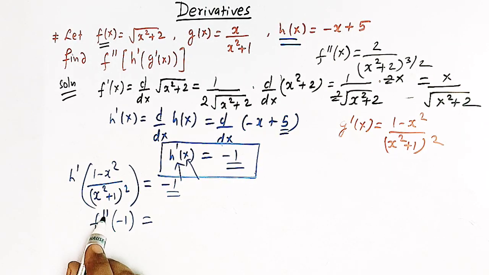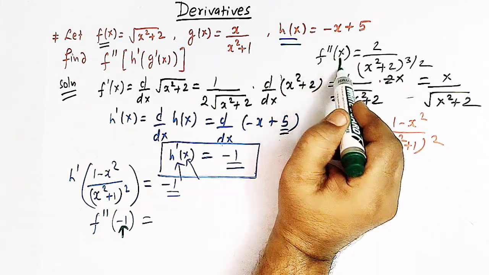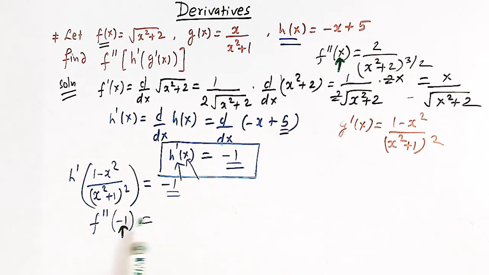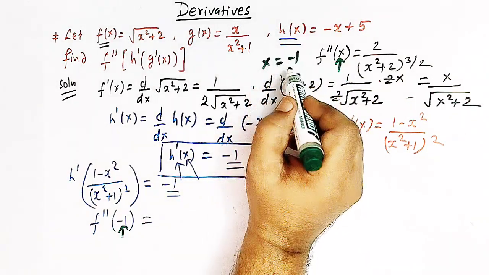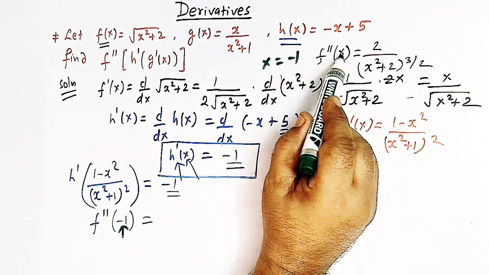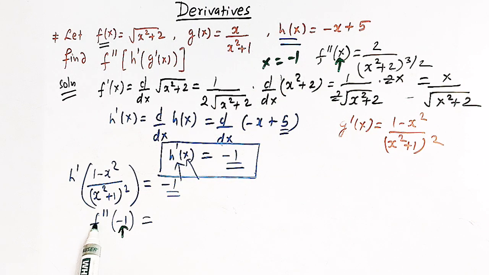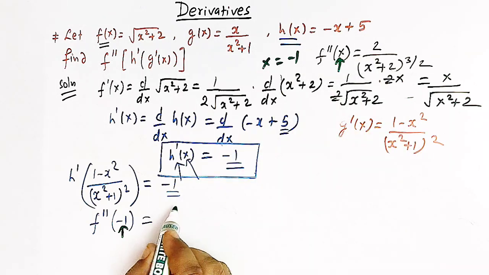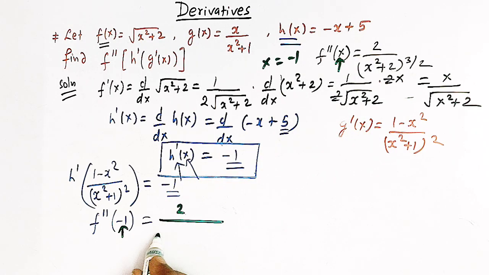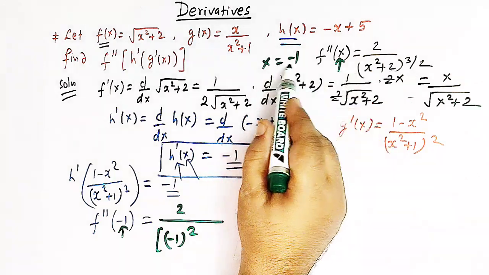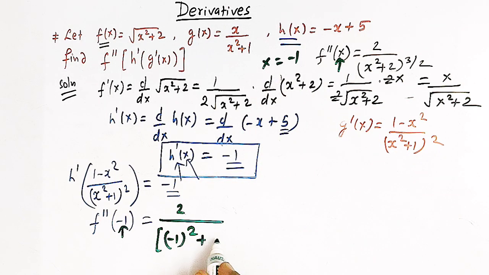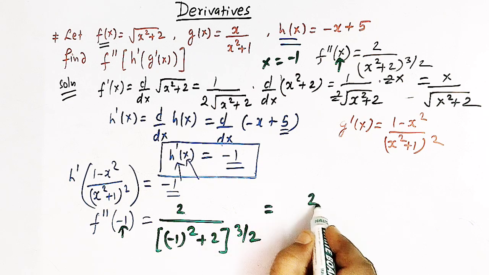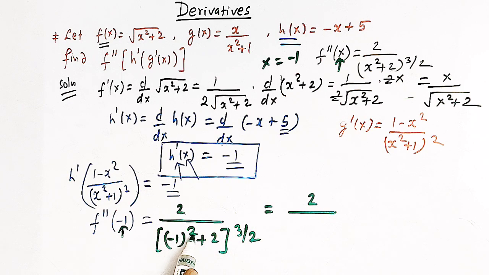So now f double prime of minus 1 can be obtained by replacing this x by minus 1. So when we take x is equal to minus 1 over here, we'll get the value of f double prime of minus 1, that is equal to 2, divided by we have minus 1 square because x is equal to minus 1, plus 2, all raised to 3 by 2. So this is 2, and here minus 1 square is 1.